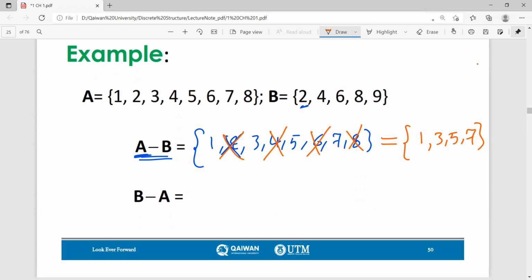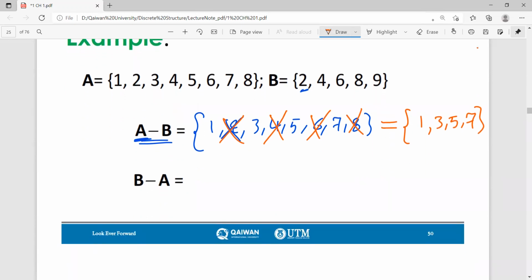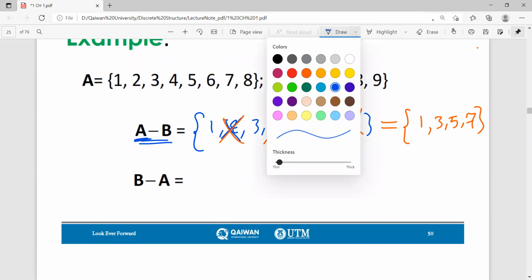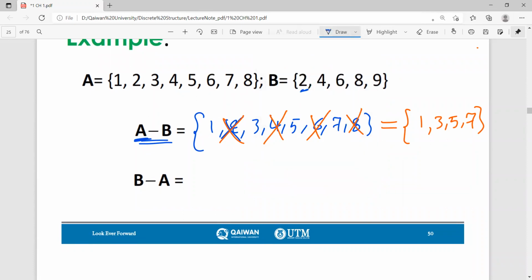For the other one, we have B minus A, B difference A. We write down the elements of B, which are 2, 4, 6, 8, and 9. Now we delete the elements which are in A. 1, we have none here, so that's okay.